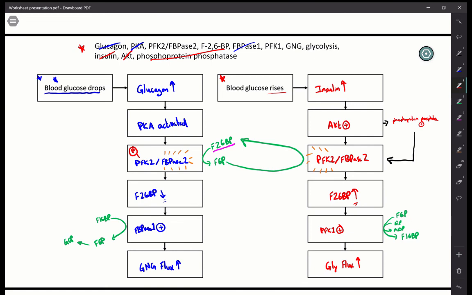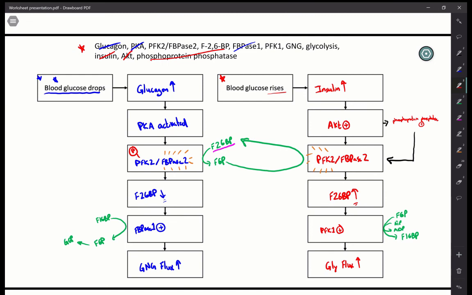So when blood glucose levels go up, insulin activates glycolysis so that the glucose levels in the liver cell will start to go down, so that the liver will pull in more glucose. Some of that glucose will be converted all the way through glycolysis to pyruvate, then to acetyl-CoA, and acetyl-CoA will then be used to make lipids.